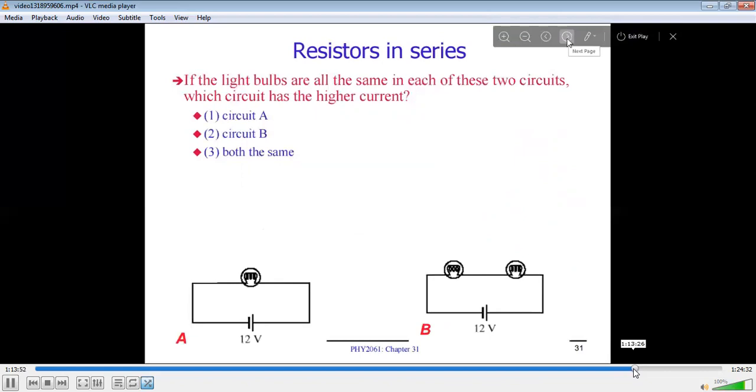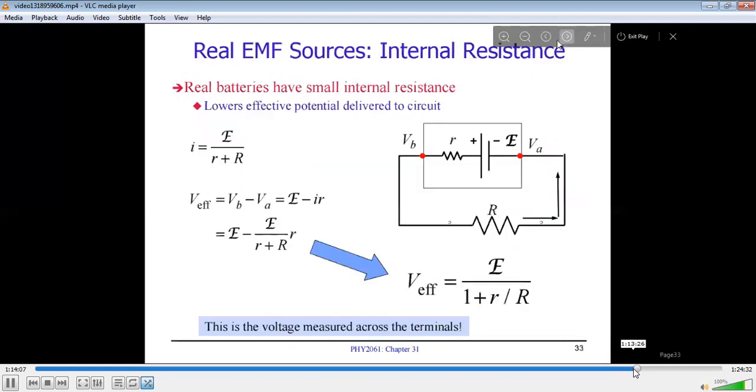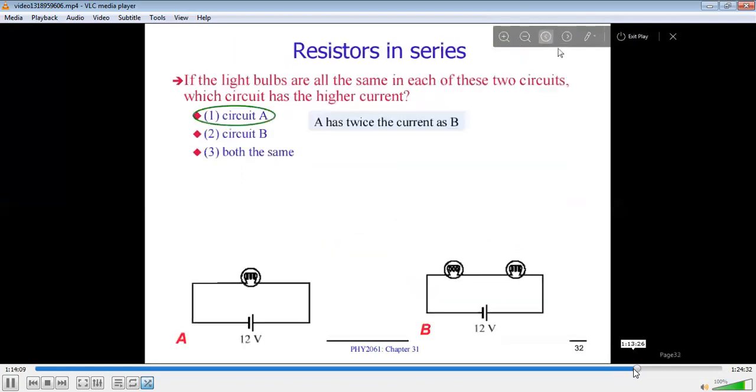Circuit A, circuit B, or both? It is 12 volts, but in B there are two resistances. So A has twice the current as B because there is a single resistance in A.